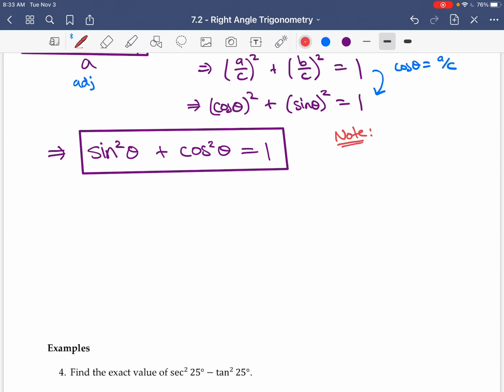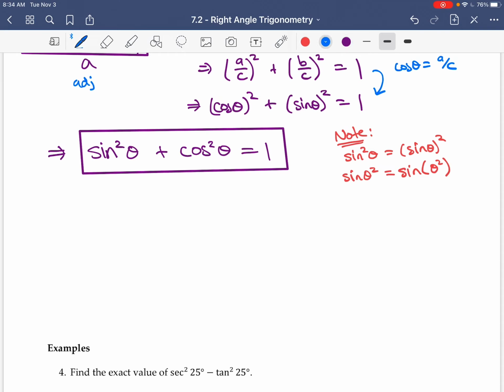So when we write the square on the n and the s instead of on the theta, so sine squared theta like that, we actually mean sine of theta all squared. Okay, so if we wrote sine of theta squared like that, then we would mean sine of theta squared. Okay, so just be aware of that. If it's before the theta, it actually means the whole thing squared. Just because we're lazy, that's what we do.